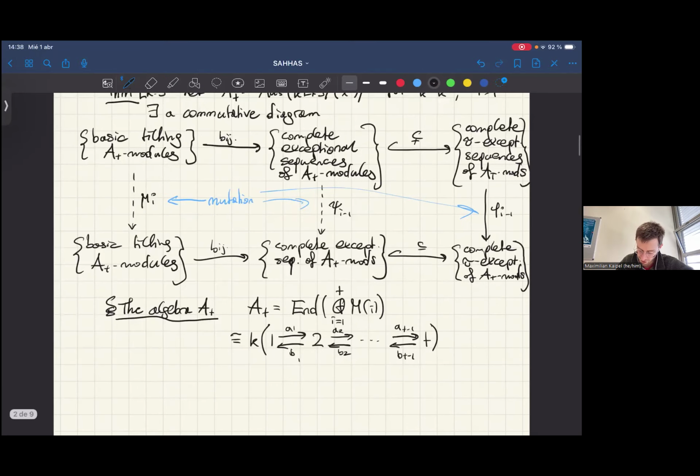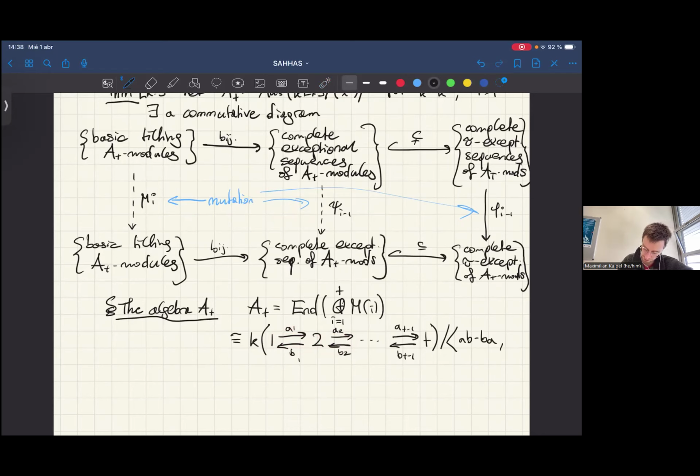And the relations we impose is that anywhere in the middle, if we go to the right and then to the left, this is the same as going around the left. So I'll just write this as AB minus BA. This holds at all the middle vertices.